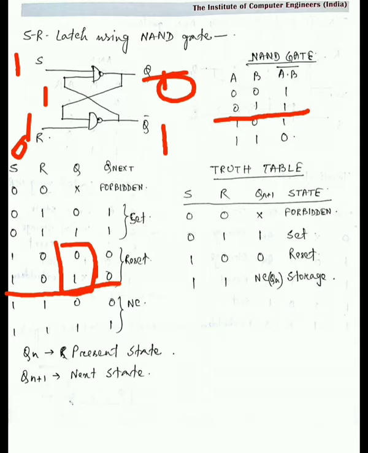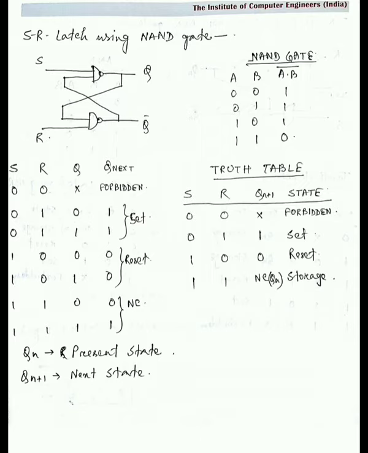Okay. Now our last point is if both the signals are 1 and 1. Before that, we have to see: set means output is always 1. We got this, and reset means output is 0. We have also got this, that is 0. Now S is also 1, R is also 1.